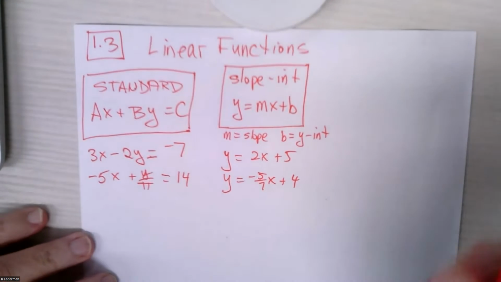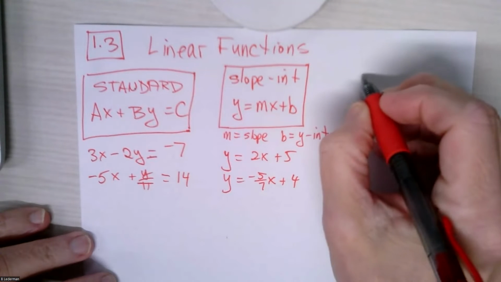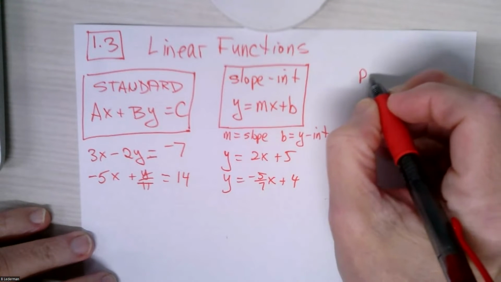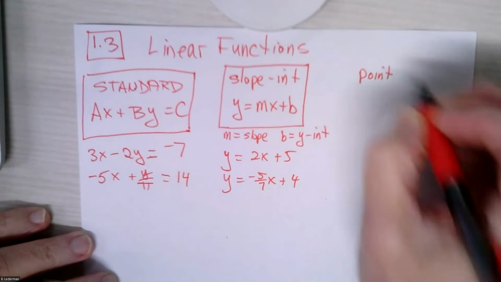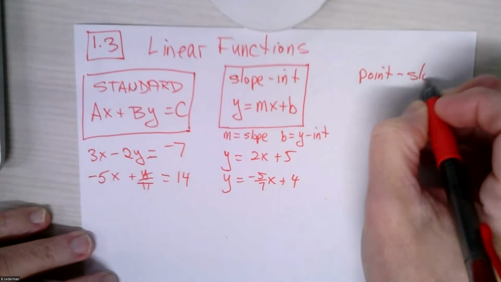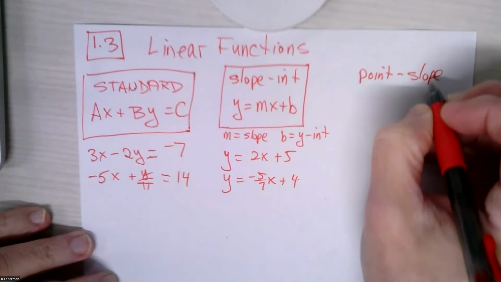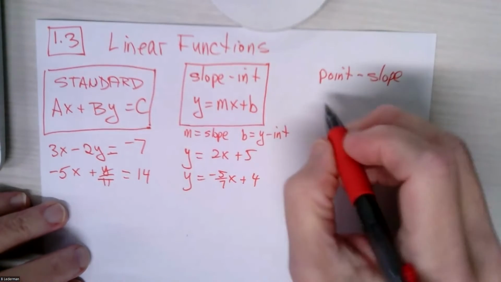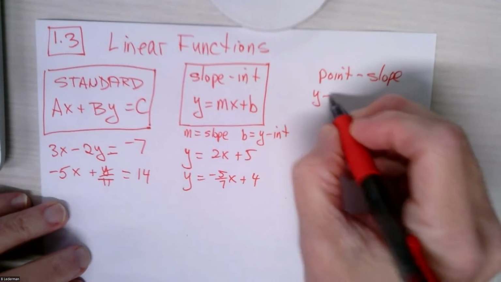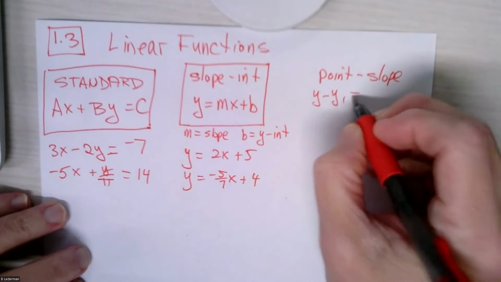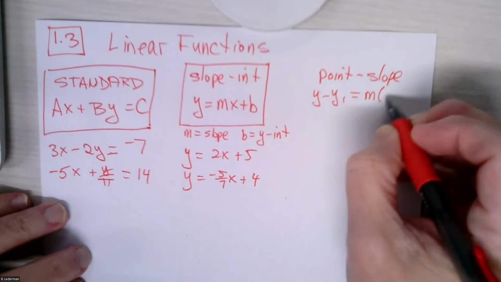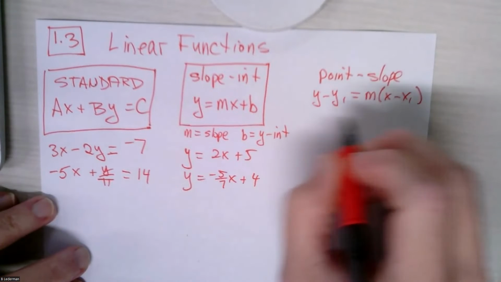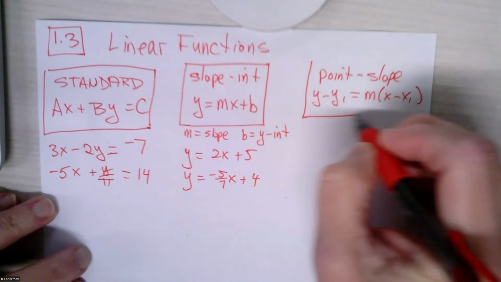that linear equations are written in, and that is called the point slope form. And that is y minus y1 equals m times x minus x1. So there's my m again. And that is the point slope form.